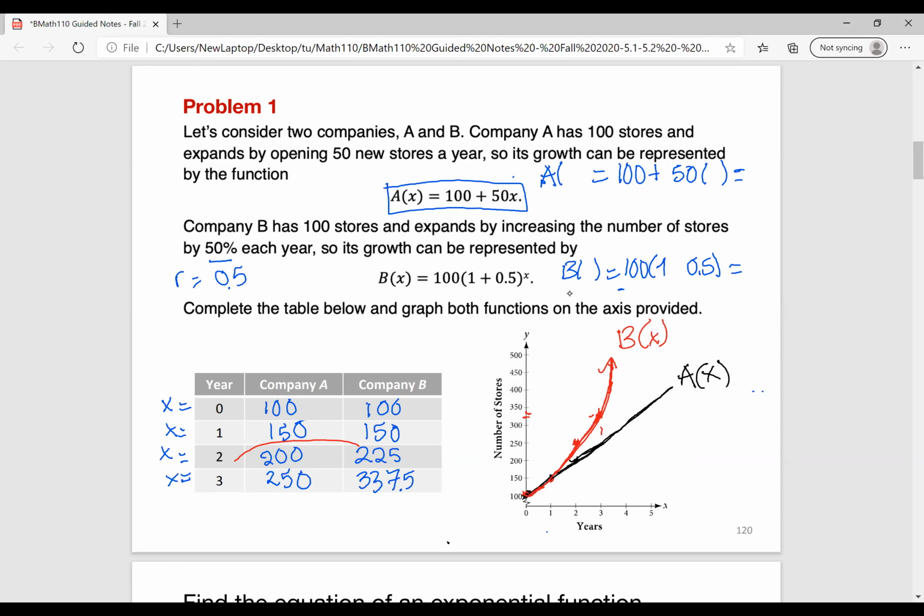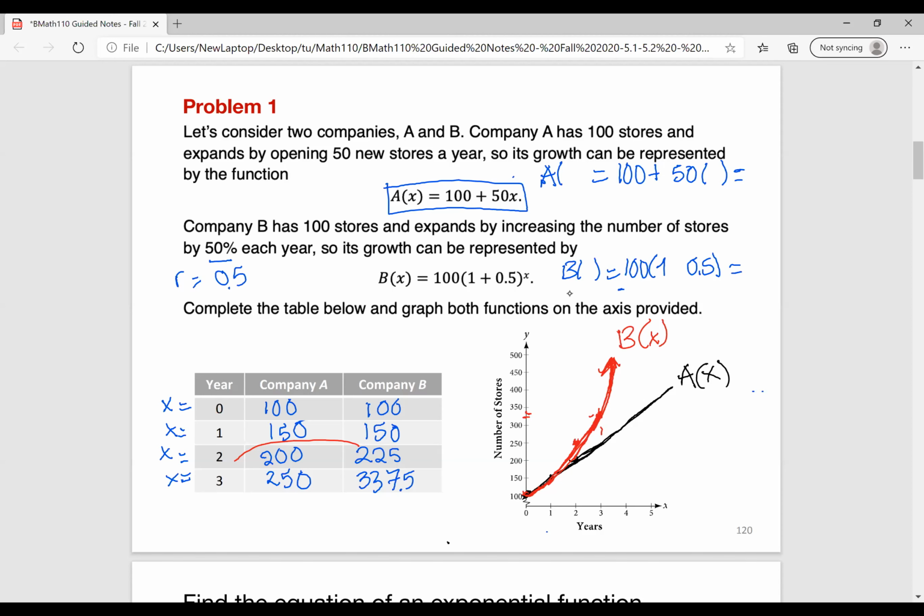So you can see that at first, both of these functions were almost the same, right? But after that, b of x keeps going up very quickly, right?